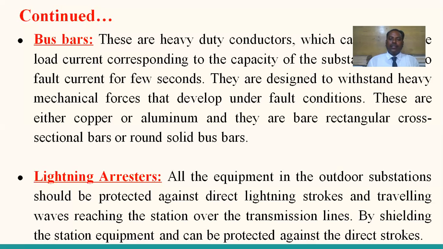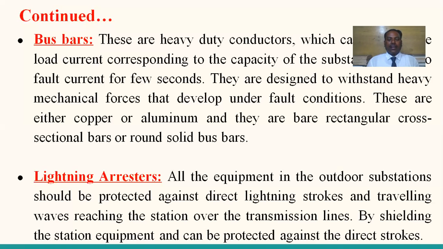All the equipment in the outdoor substation should be protected against direct lightning strokes and the traveling waves reaching the station over the transmission lines, by shielding the station equipment. We observe in the substation, on the top of the poles or transmission lines, there is a small conductor which is grounded at a number of places.